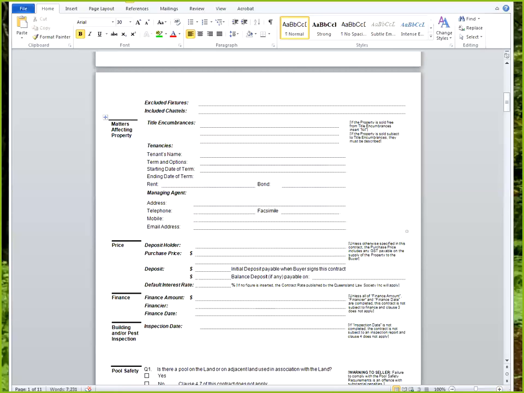So what does that mean? Well, in the case of the mortgage, it means this. If we insert nil, it means that there will be no mortgage taken out by the seller as at the time of settlement.